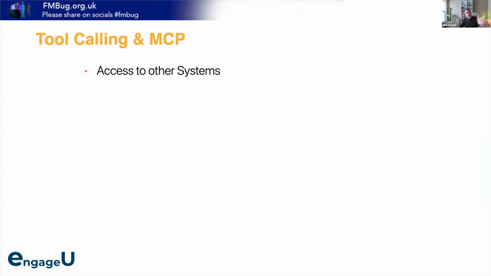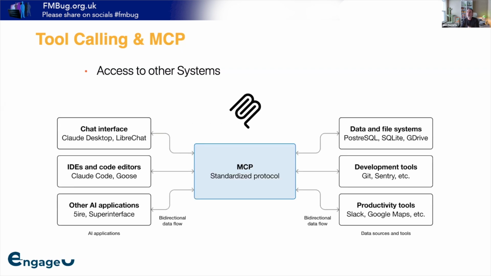So tool calling and MCP are really all about direct real-time access to other systems. The things that we're lacking from fine-tuning a model or using RAG are being solved by tool calling. And MCP really happens when good people get together and say, don't be dumb, let's not all invent our own way of doing this. Let's figure out a standard way of doing the same thing.